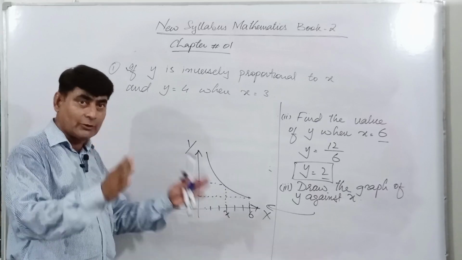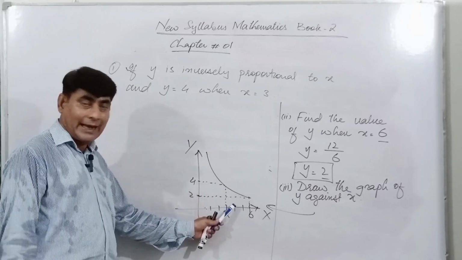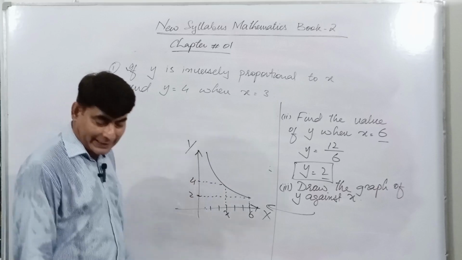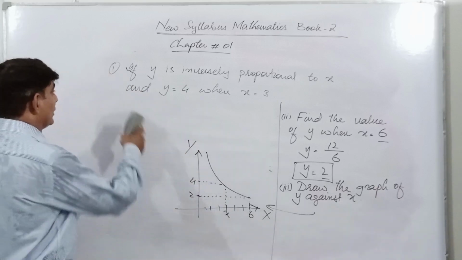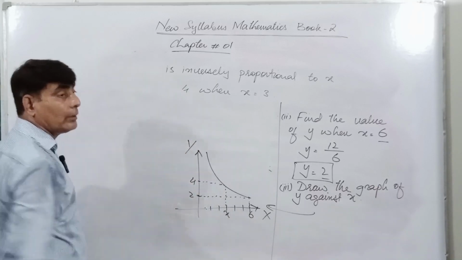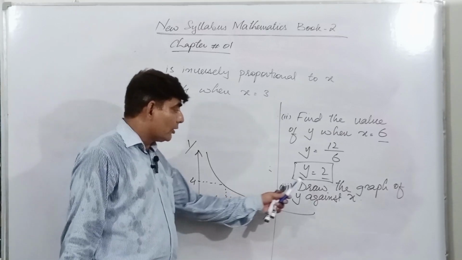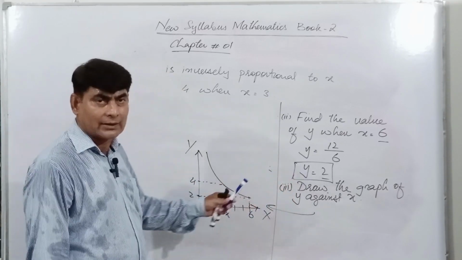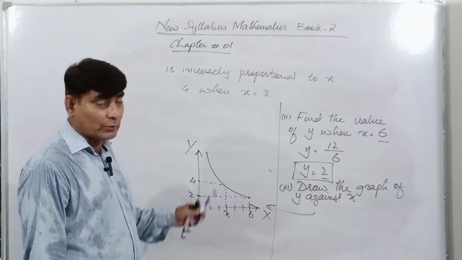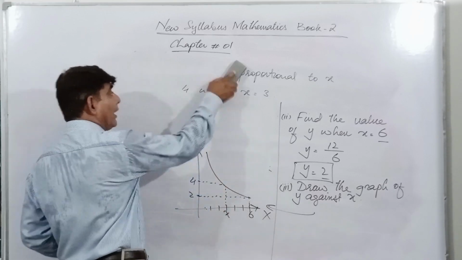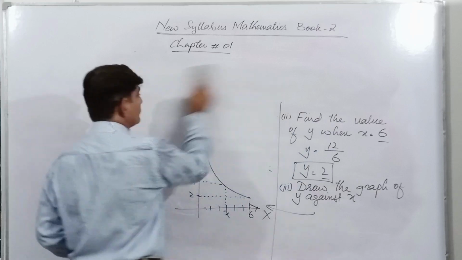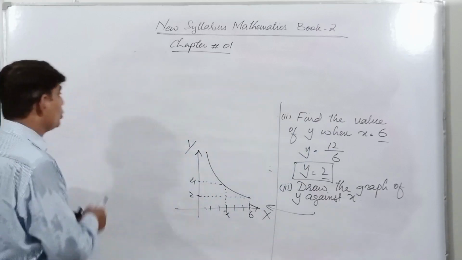Whatever we have done in theory, we have the same shape, and it must follow the graph. Now the second question, in which we will be able to find the direct value. So we will not form a relation, but we are able to find the direct value. How? Now let's see. Question number 2.